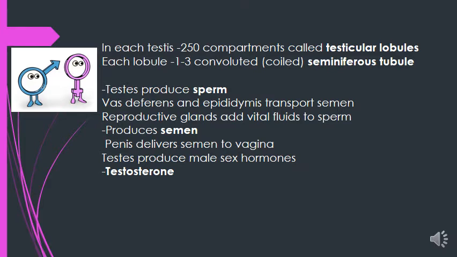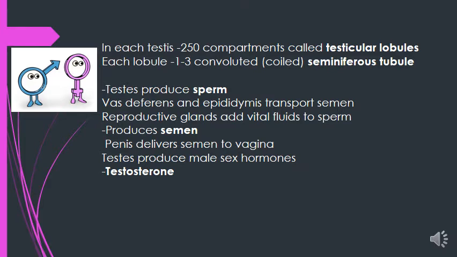It means that each testis has 250 compartments. And what are they called? They are called testicular lobules. And each lobule has 1 to 3 convoluted, that is coiled, seminiferous tubules.